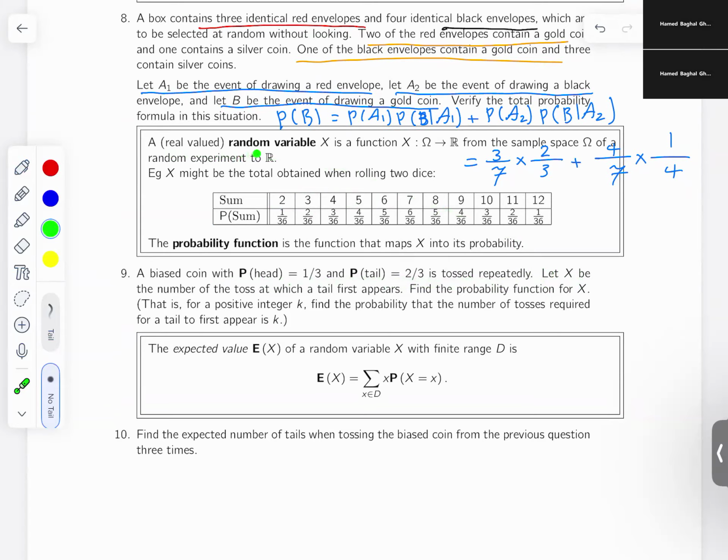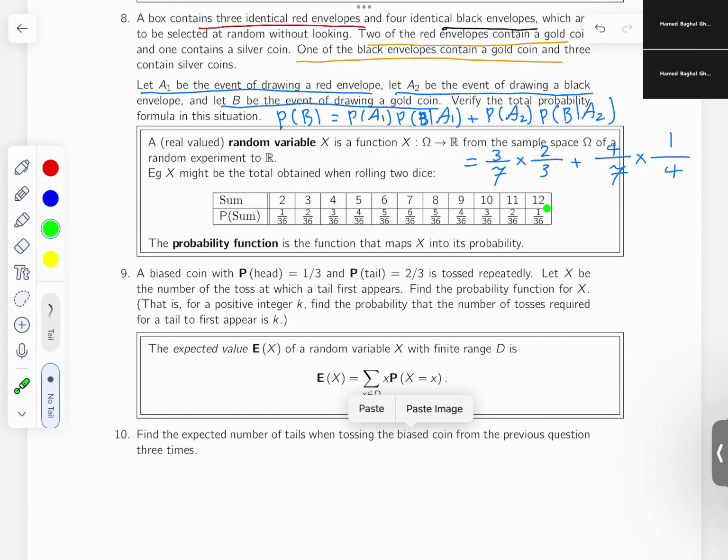In this one, random variable x is a function from whole scenario to a real number. So for example, x here is 2, 3, 4, 5 until 12.